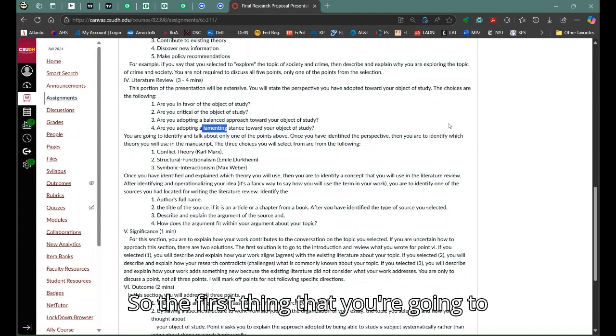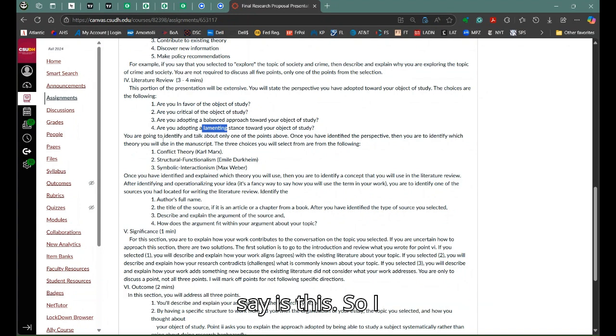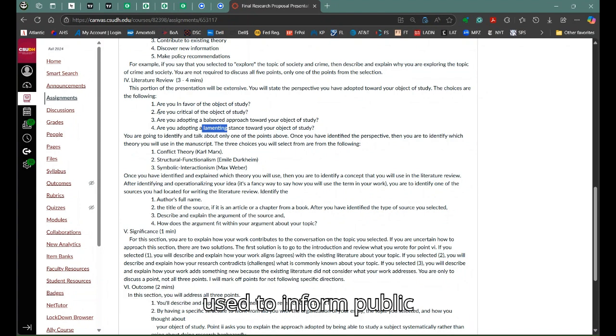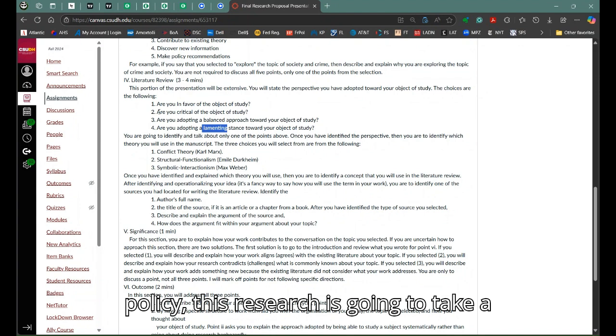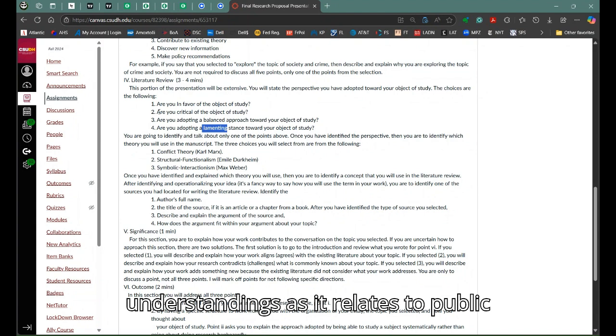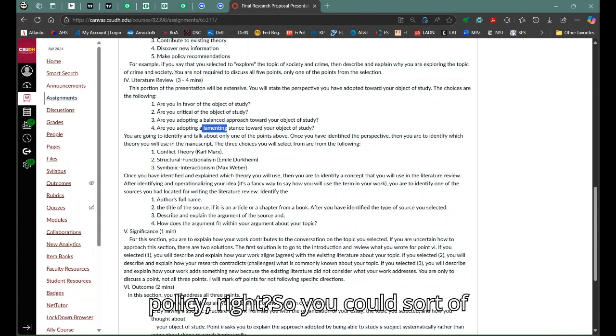So the first thing that you're going to say is this. So I would say, because of how crime is defined and how crime is used to inform public policy, this research is going to take a critical stance and show how the use of fear of crime is a way to manipulate the public on accepting certain perspectives or understandings as it relates to public policy, right?